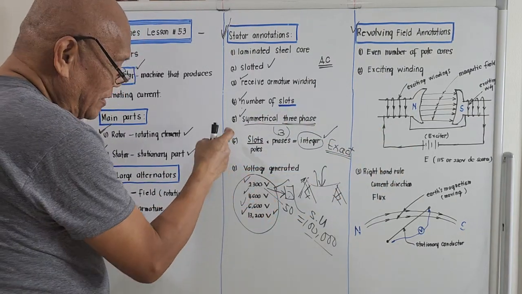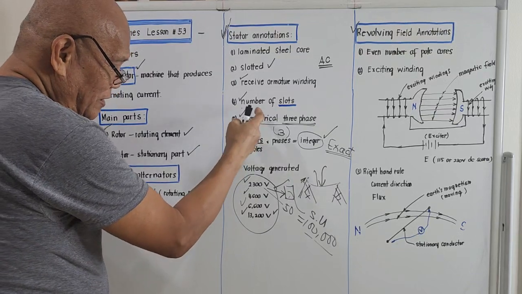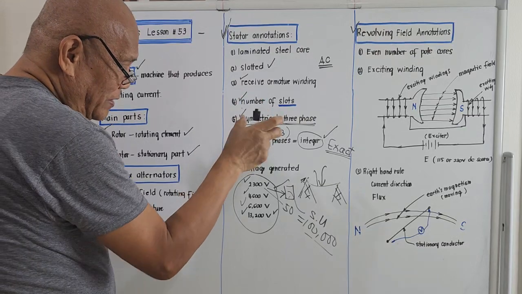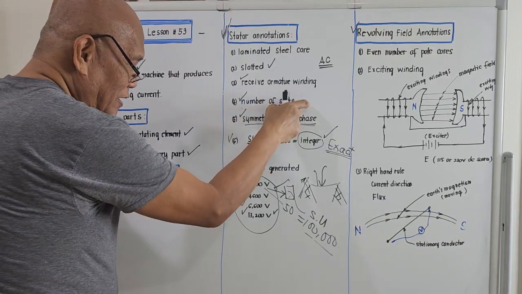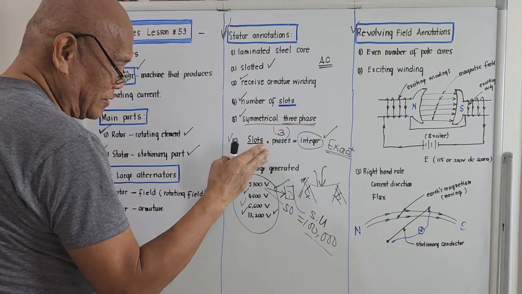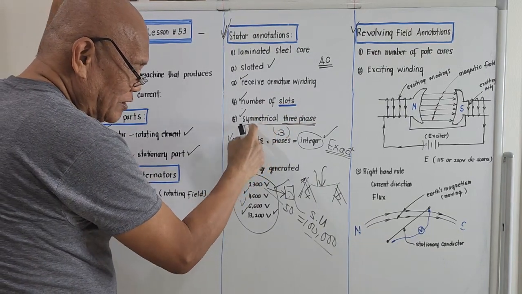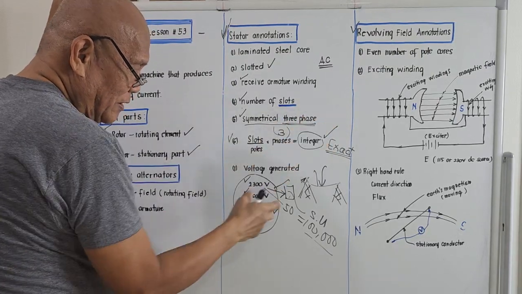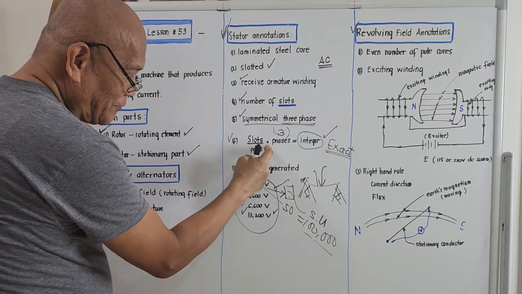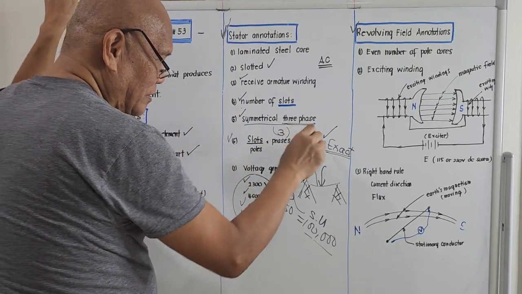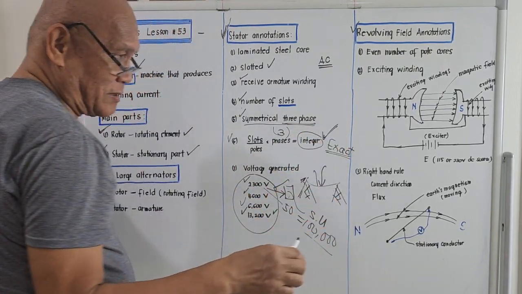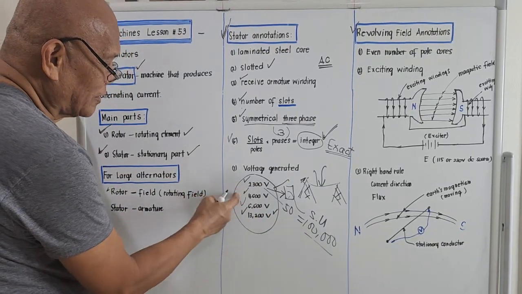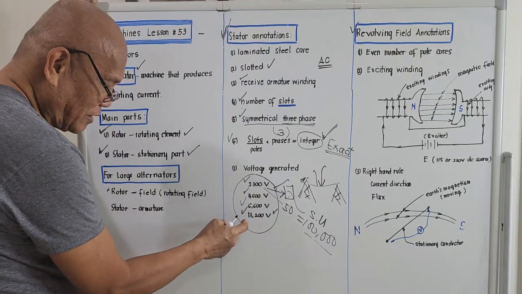And the number of slots is critical because we will be making the number of slots such that the output number of phases will be symmetrical three-phase. And for it to be symmetrical three-phase, the slots per pole times the number of phases should be an integer. And we are sure that the generated voltage will come out to be 2,300, 4,600, 6,600, or 13,200.